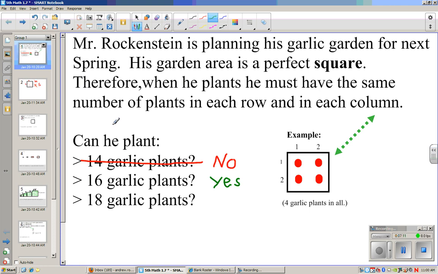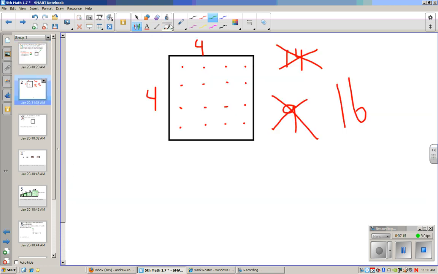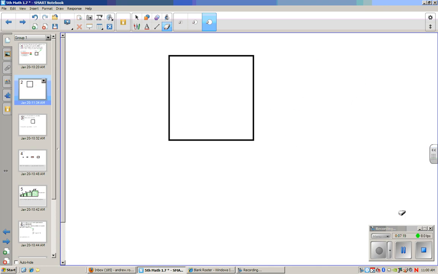Now 18, if I go back to my square here and I try 18, so I know that if I do a 4 by 4 array, I get 16. That was what we just did. So I'm going for 18 now, so I know I have to go up. So if I go up from 4 in each row and each column, I'd go up to 5.